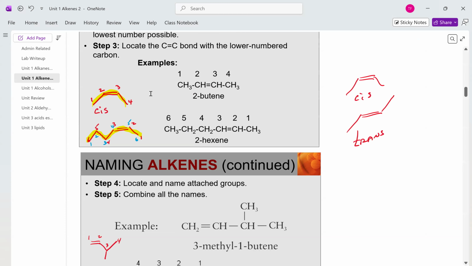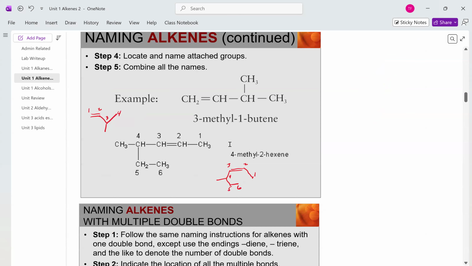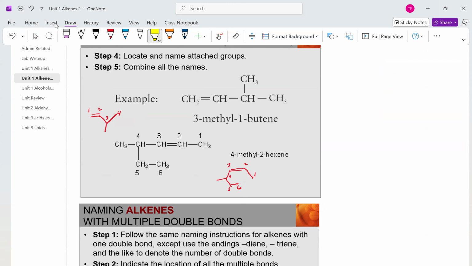Okay. So if we're looking at this 3-methyl-1-butene, start with the double bond or the backbone. It's going to be here. Got to remember, it's got to contain the functional group.